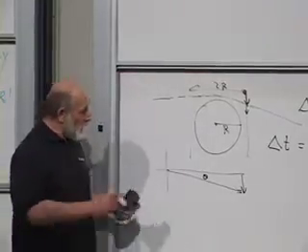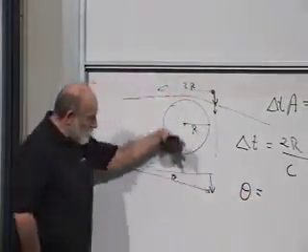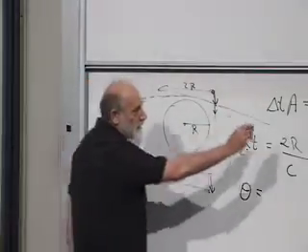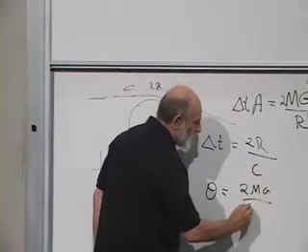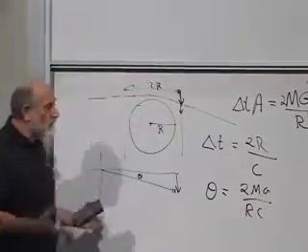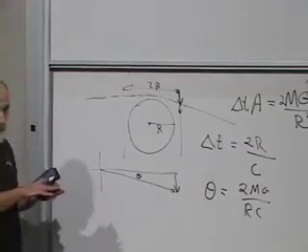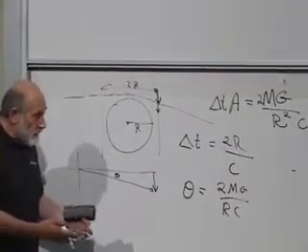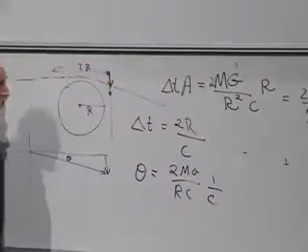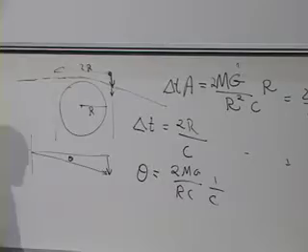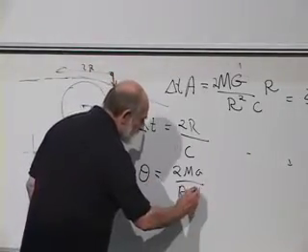So the angle theta is equal to 2Mg over rc, the downward component of the velocity, divided by the horizontal component, which is c. And here's the answer: 2Mg over rc squared.